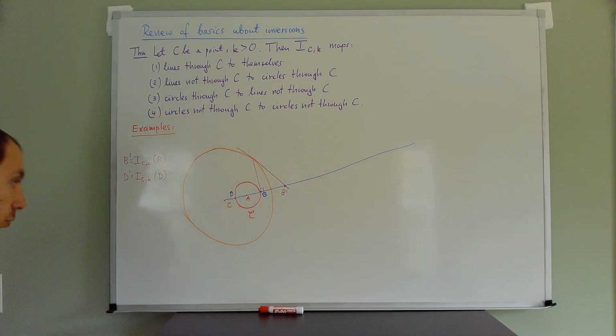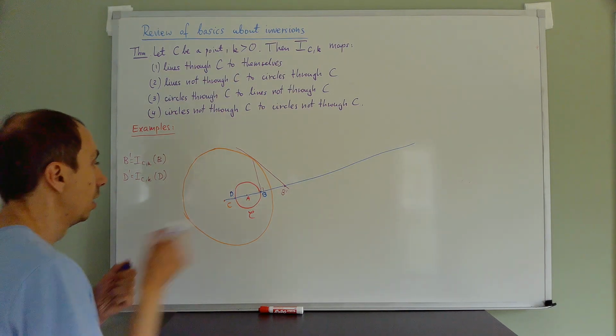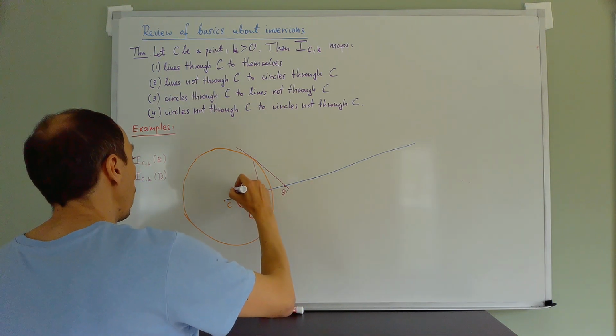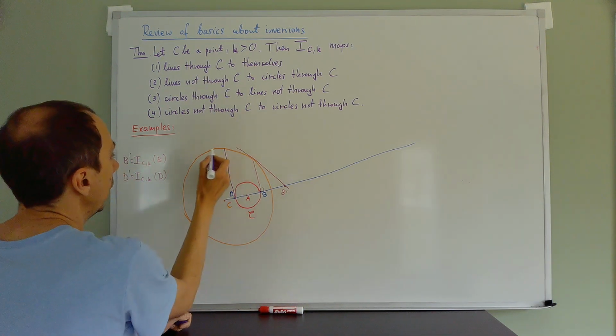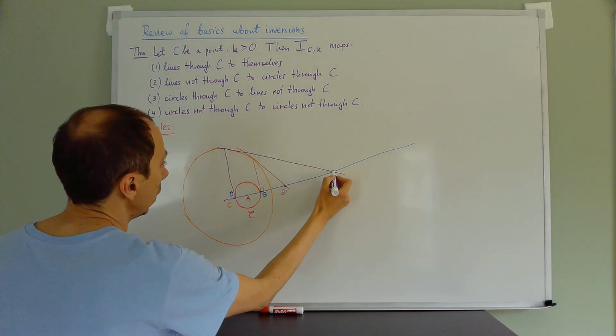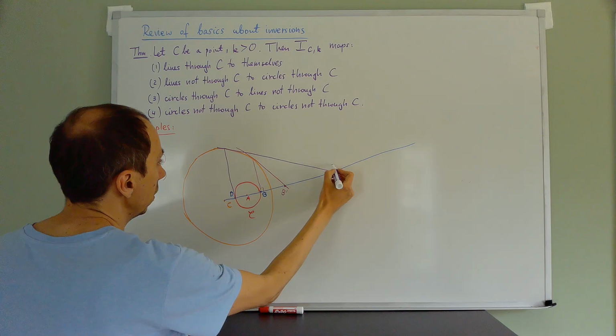So now I just need to figure out where D goes, and I do exactly the same thing. Namely, I draw a perpendicular and then a tangent, and it intersects here.